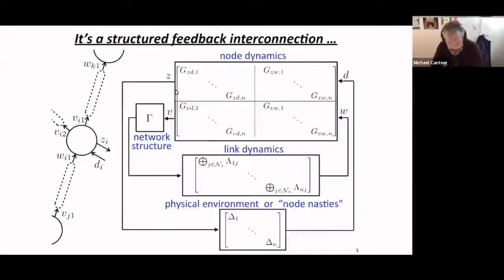So really, a system like that is just a big structured feedback interconnection, okay, where we have something that represents the node dynamics and perhaps how each of those interact with its local environment. There's the links that can be pulled out into a block like this, and something that reflects the network structure. Okay, so the point is that analyzing networks is really just about analyzing structured feedback interconnections.